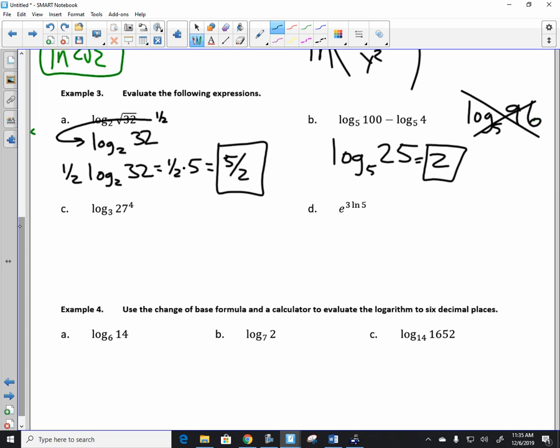Do you see how I got the 25? So I have the log base 5 of 100 minus the log base 5 of 4. So that's going to be the log base 5 of 100 over 4. 100 over 4 is 25. Now this means 5 to what power is 25?